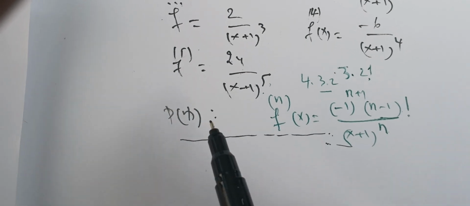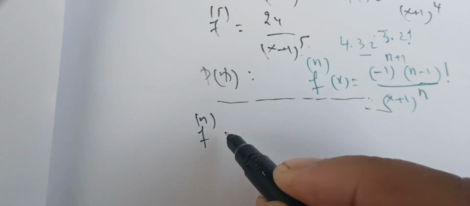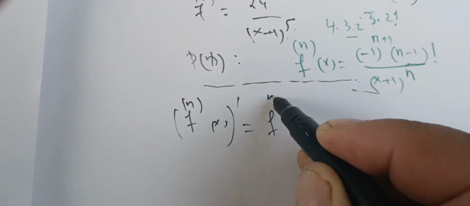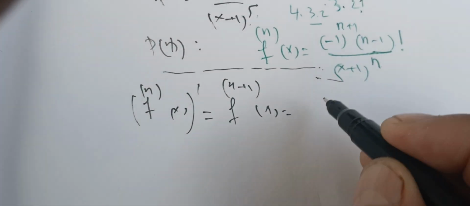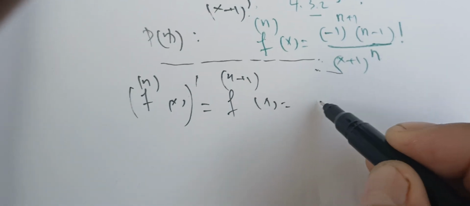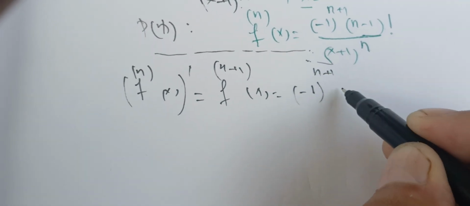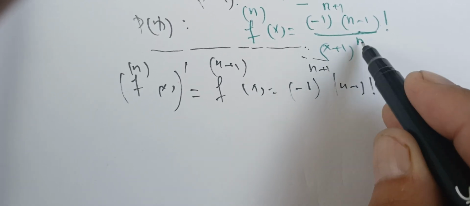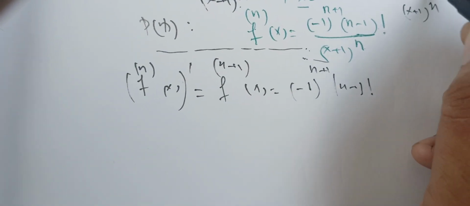We have f n of x prime, it's f n plus 1 of x. Let's differentiate this one. Here, this is just a constant. The one on top is minus 1 to the power n plus 1 times n minus 1 factorial. And here, we're going to differentiate this function 1 over x plus 1 to the power n.